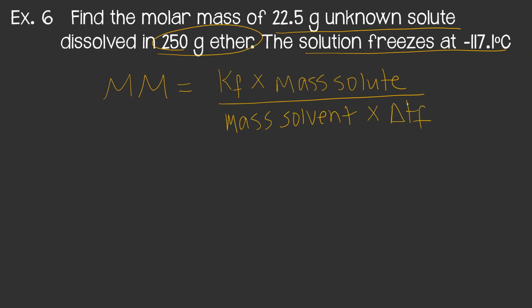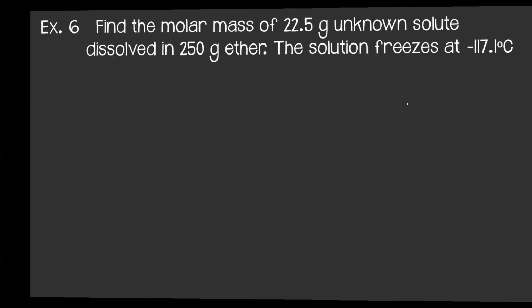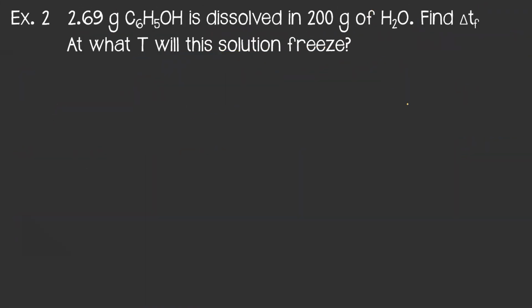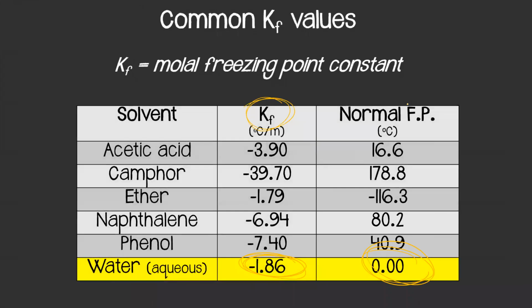Okay, so now I'm using ether instead of water. Let's go the whole way back to my chart. It's going to sound weird for a minute. I now have to use these numbers, okay, because I'm using a different solvent now. So I need to use this KF value and this normal freezing point.